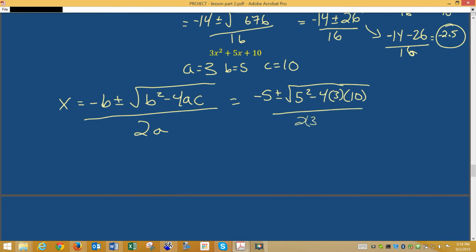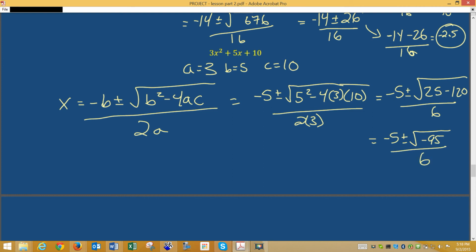Negative 5 plus or minus the square root of 5 squared, which is 25, minus, let's see, 4 times 3 is 12, times 10 is 120, all over 2 times 3, which is 6. Equals negative 5 plus or minus the square root of negative 95.